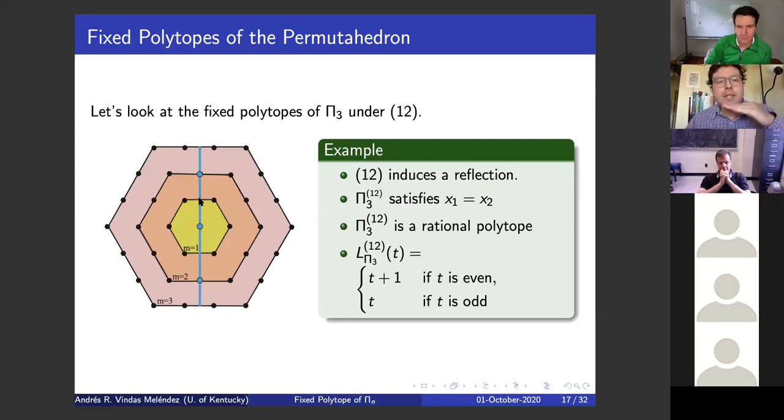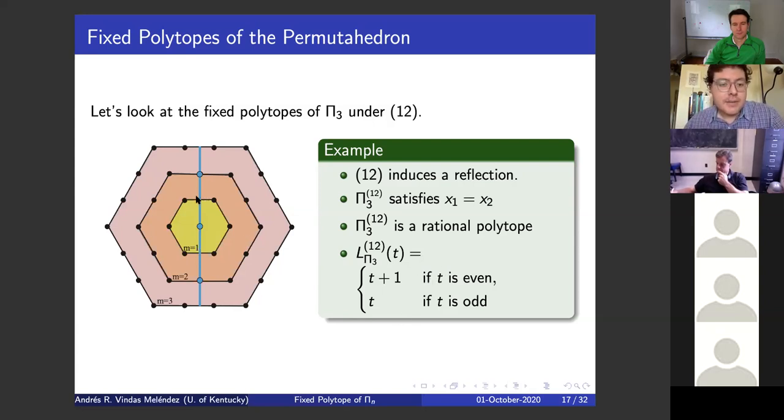We talked about the period, or the denominator of the polytope being Q, right? And so the period divides Q. In this case, Q is the LCM of all vertex denominators. I said that these points were 3 halves, 3 halves, 3, and 3 halves, 3 halves, 1. Well, what's the LCM of the denominators? It's 2. So our period is 2.